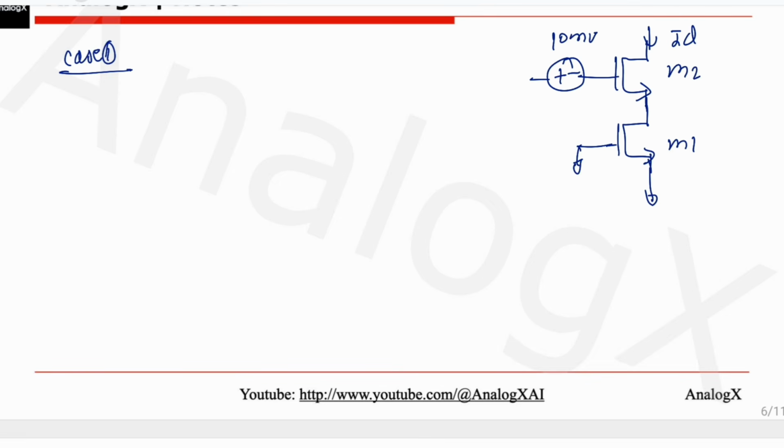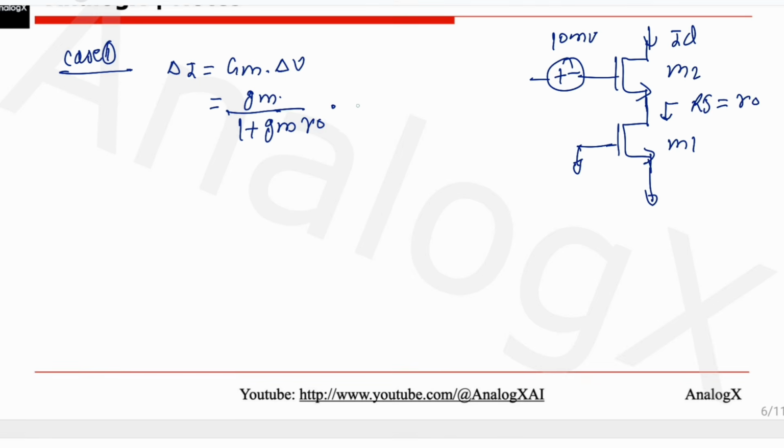Now here we can see that this is a source degenerated circuit. So here also the mismatch current delta I will be Gm into delta V, where Gm is the source degenerated transconductance. What will be the Rs here? Rs, if we look from the drain, will be ro only. What will be the effective Gm? That will be Gm divided by 1 plus Gm into ro.